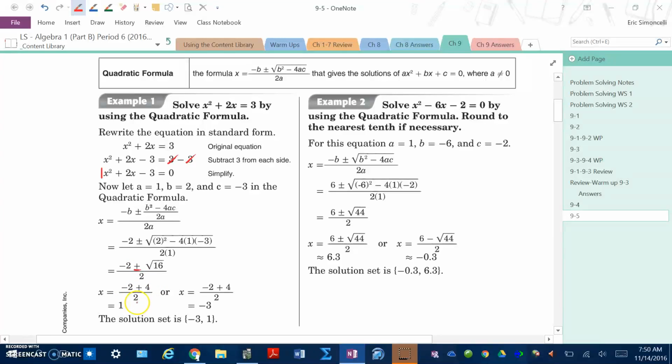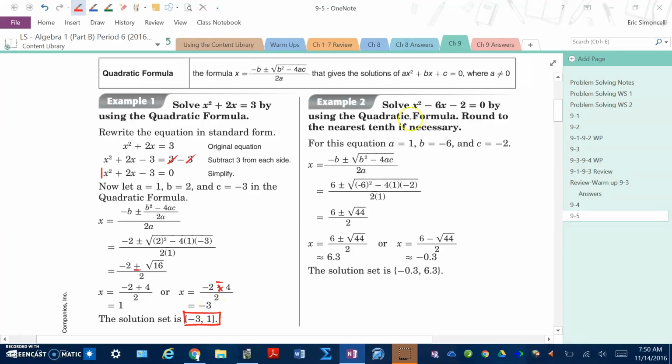Negative 2 plus 4 all over 2, or negative 2 minus 4, it's a typo, all over 2. Negative 2 plus 4 is 2 over 2 is 1. Negative 2 minus 4 is negative 6 over 2 is negative 3. So the final answer simply becomes negative 3 and 1. The set notation is fine, but you could also just simply write x equals 1 or x equals negative 3.